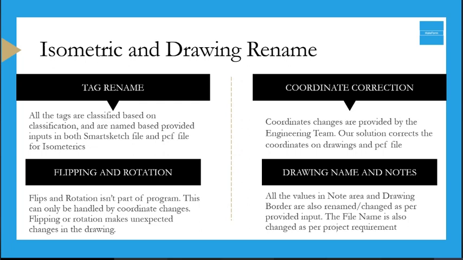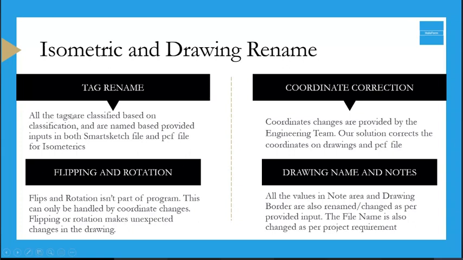This is just to provide ISOs and drawings to the construction team so that they can move ahead with their timeline and just to help them. Once you duplicate your model, you will have to update your isometrics and drawings again. That will be another activity.